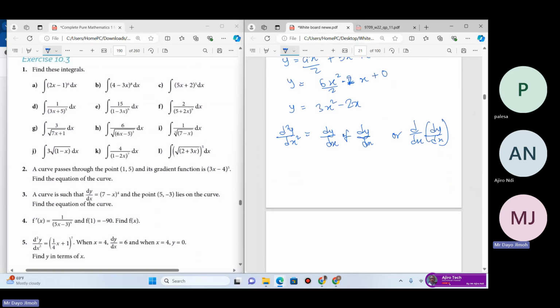You can use what? Chain rule. Now, you can use the chain rule in integration. Let me say, if you have integrating y equal to ax plus b raised to power n. So let us look at one or two examples.